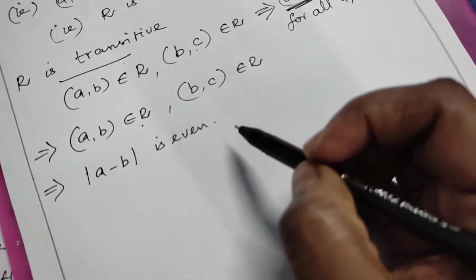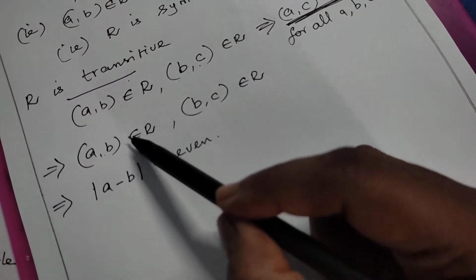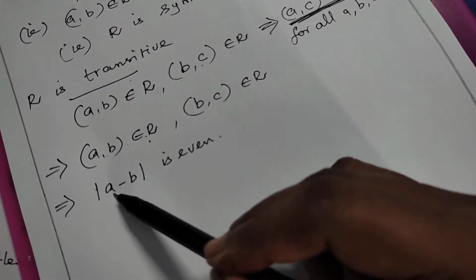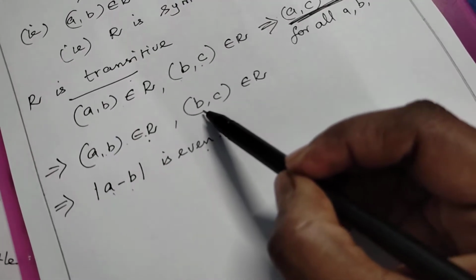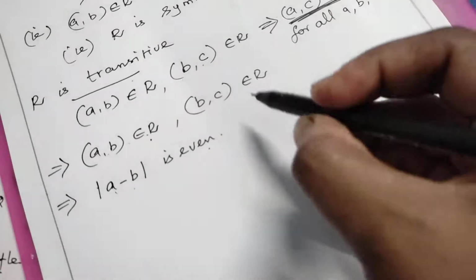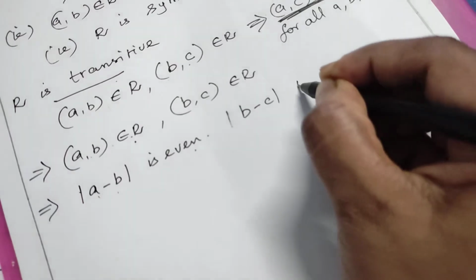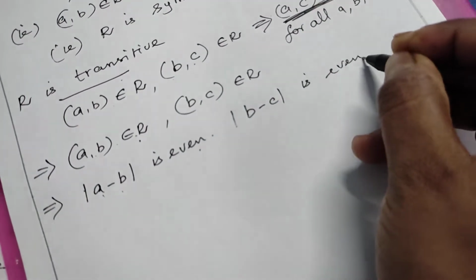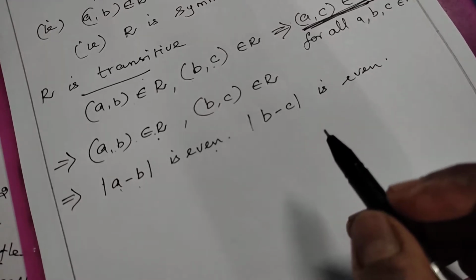Then this statement is also true: modulus of B minus C is an even number.